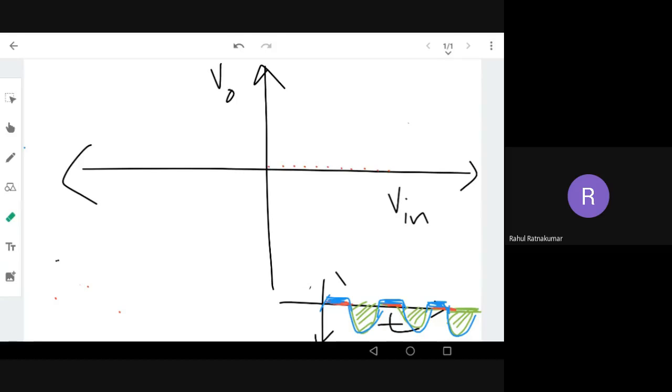V out is zero. There is no positive waveform at all. There is no positive voltage on V out. As V in is increasing, V out is zero. So this is the ideal plot for the positive input waveform.